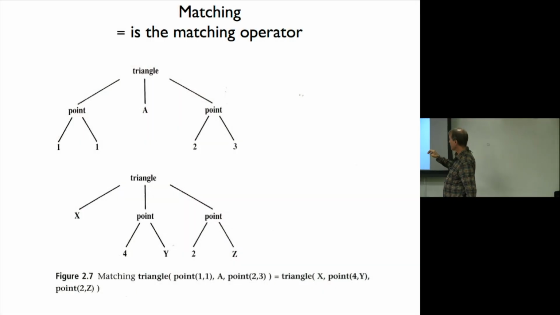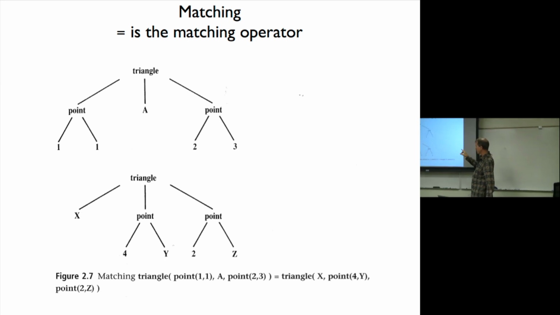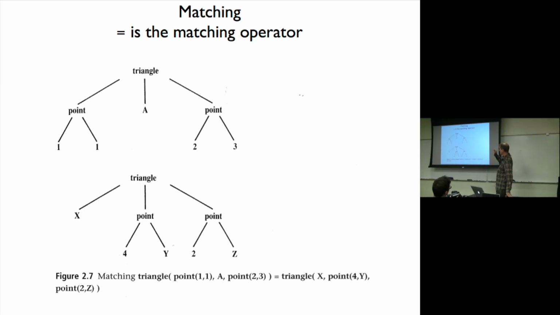Now, to illustrate how matching works, let's take a look at this example on this slide. The top figure says triangle, then point(1,1) for the first argument, A for the second argument, and point(2,3) for the third argument. The figure below has triangle, and a capital X for the left argument. Capital means it's a variable.